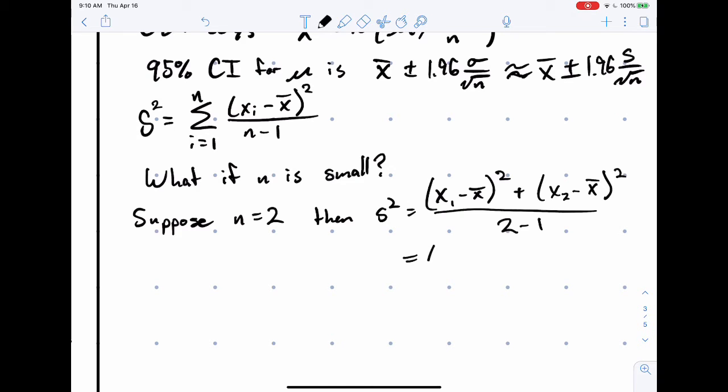So we get x1 minus x bar squared plus x2 minus x bar squared. That's it. Okay. So is this number accurate? Will it actually get us something like sigma squared?